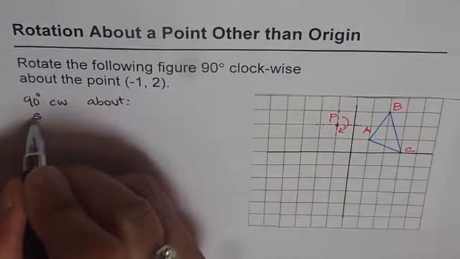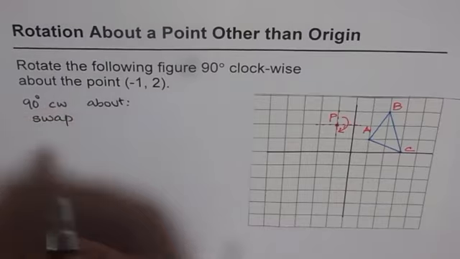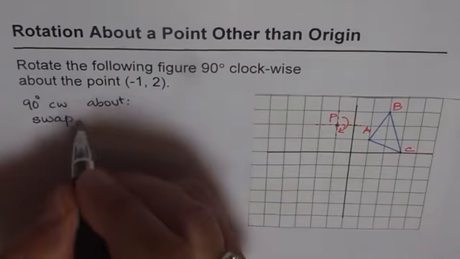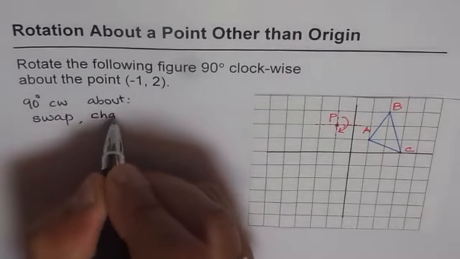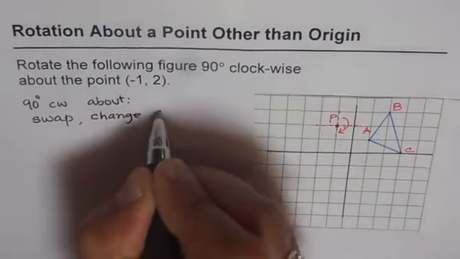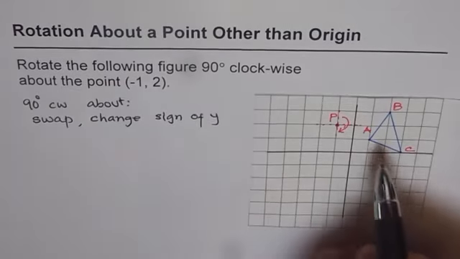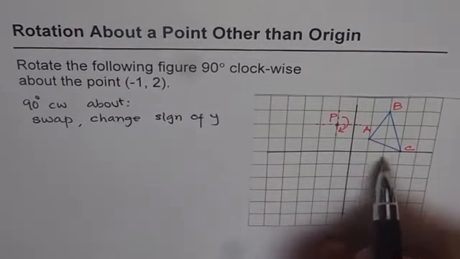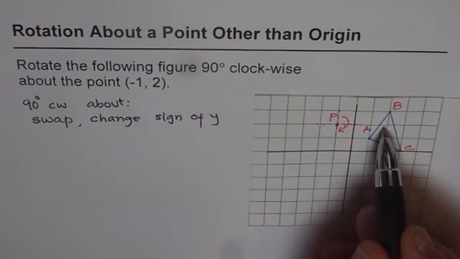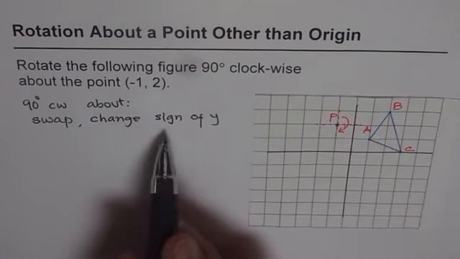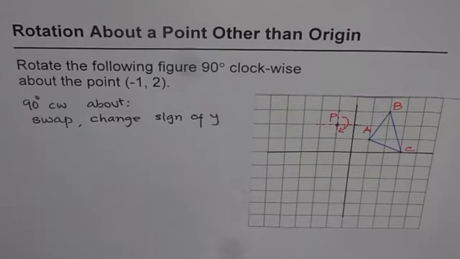They swap, right? You interchange x and y, and you change the sign of y, correct? If I rotate from here to there, y becomes from positive to negative. That is why we change the sign of y. So this is what we do.